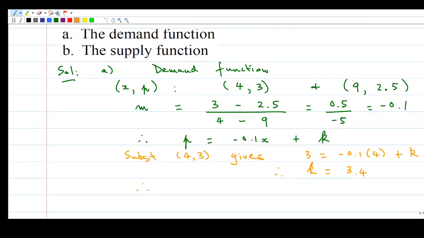Therefore, your demand function is given by P is equal to -0.1X plus 3.4.